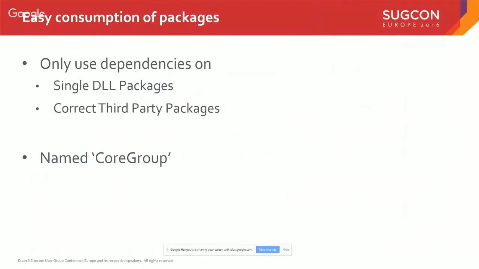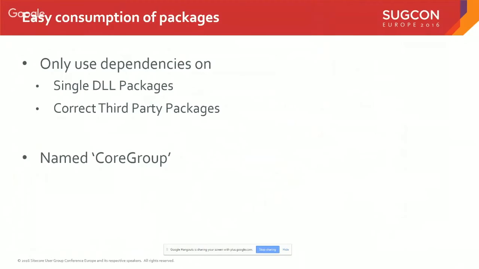So the easy consumption of packages is that core group thing, where we want to pull in multiple packages at once. To do this, we have references to other single DLLs that you might want with it, but also the third-party package versions that come with it. With Sitecore MVC, you will obviously want Microsoft's MVC NuGet package.